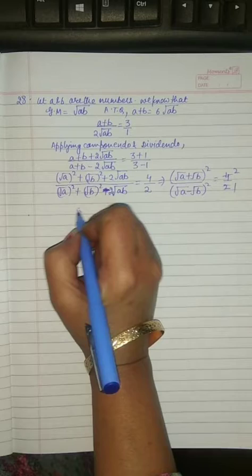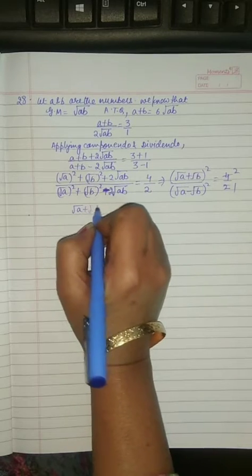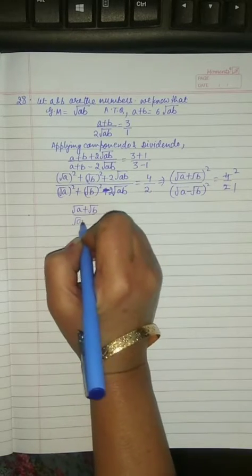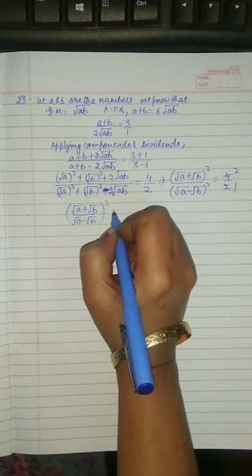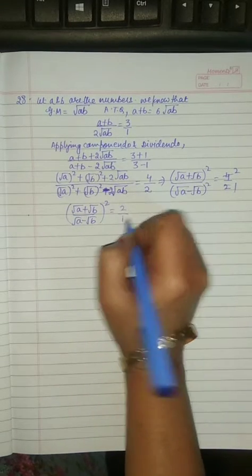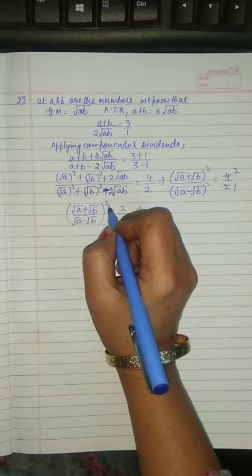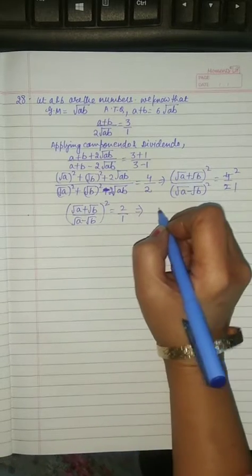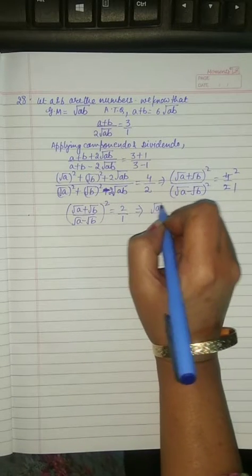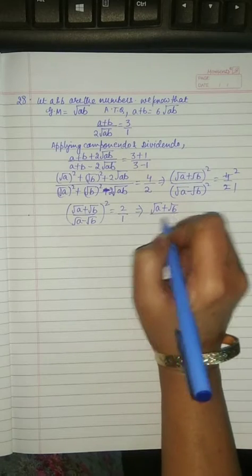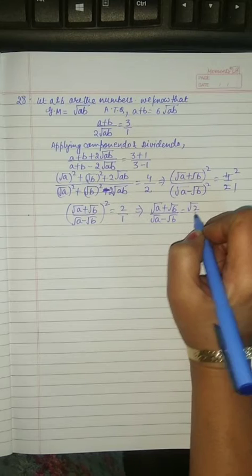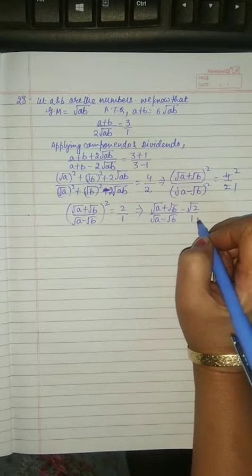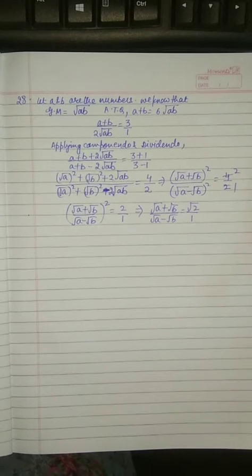Taking the square power to the other side, it will become under root A plus under root B upon under root A minus under root B is equal to under root 2 upon under root 1, which is equal to under root 2.